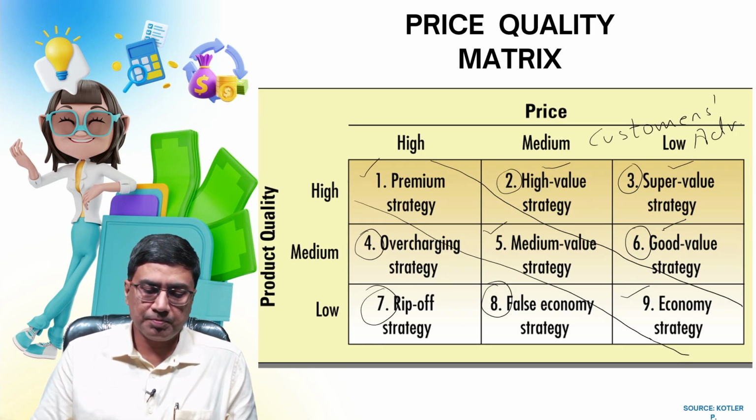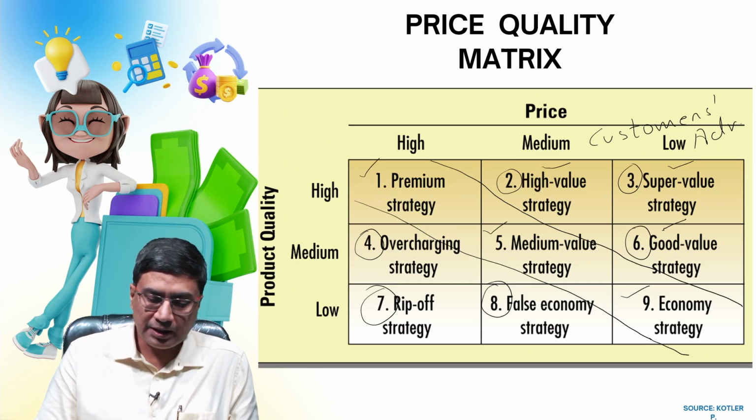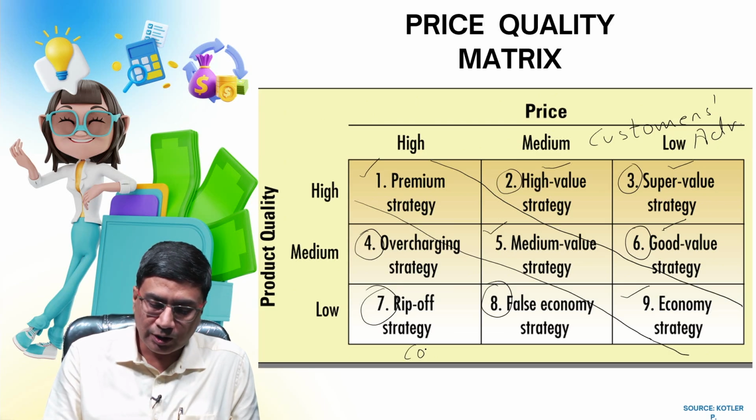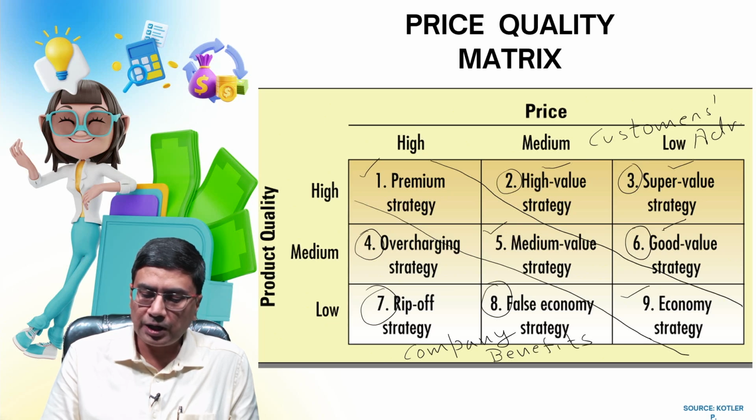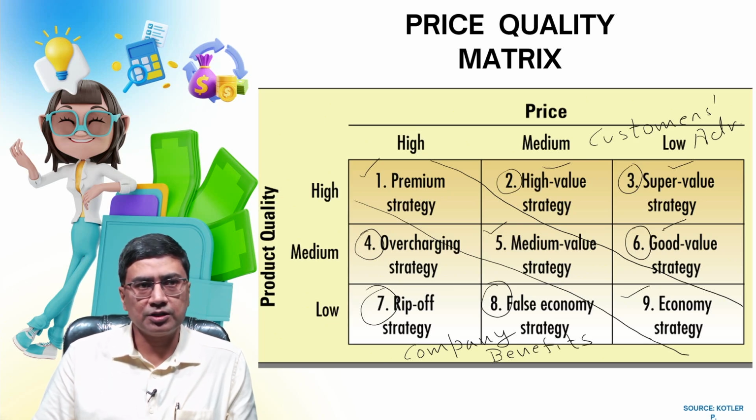But just think about this side: the strategy 4, the strategy 7 and the strategy 8. Quality is medium, price is high. Quality is low, but still price is high, and quality is low, but price is medium. It means here somehow the company or organization wants to get the benefits more and more without bothering about the long term consequences of the thing.